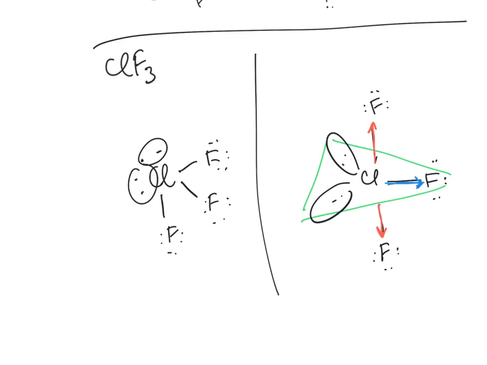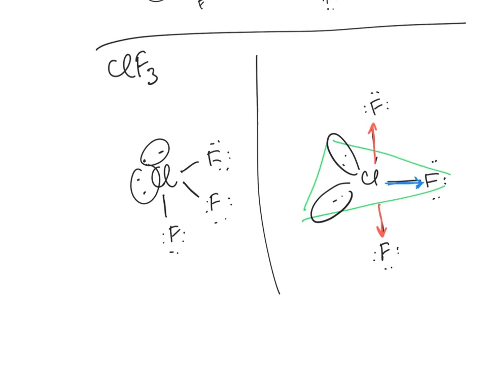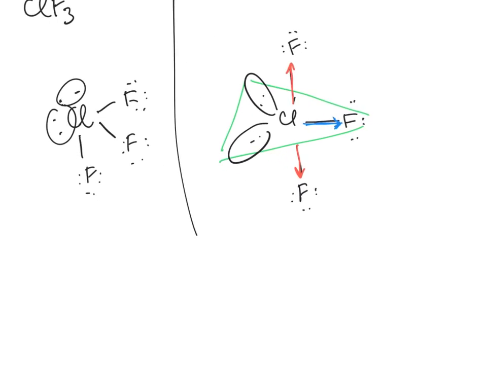Just assume that the lone pairs don't have any effect at all. In OChem, you're going to learn that it does have a little bit of an effect, but it's not a full effect and it's not canceled. This molecule is going to be polar because this blue dipole here is pointing off to the right all by itself. It's not balanced by anything. All right, so you can predict whether molecules are polar or not once you know their VSEPR shapes.